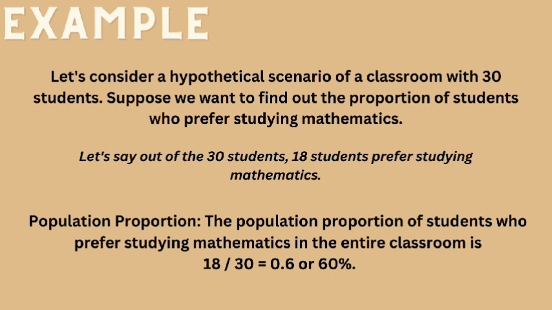Our population refers to the entire group of interest, the 30 students in the classroom. The population proportion is the ratio of students who prefer mathematics out of the total 30 students, calculated as 18 divided by 30, which is 0.6, or 60%.